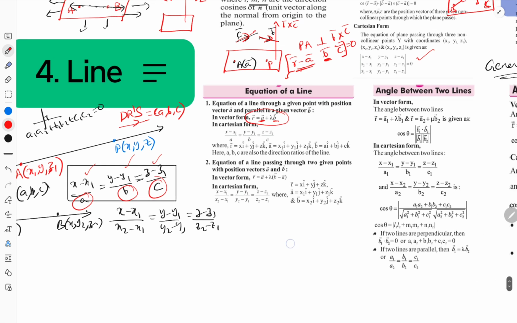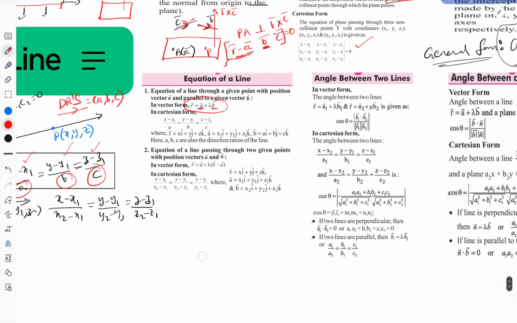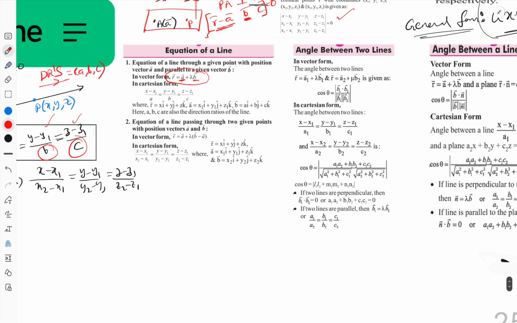Right. Next, angle between two lines. The angle between two lines is the same as the angle between the lines parallel to those two passing through the origin. That is the angle between two vectors whose directions are b1 and b2. So b1 dot b2 by mod b1 mod b2 will give the angle between two lines.